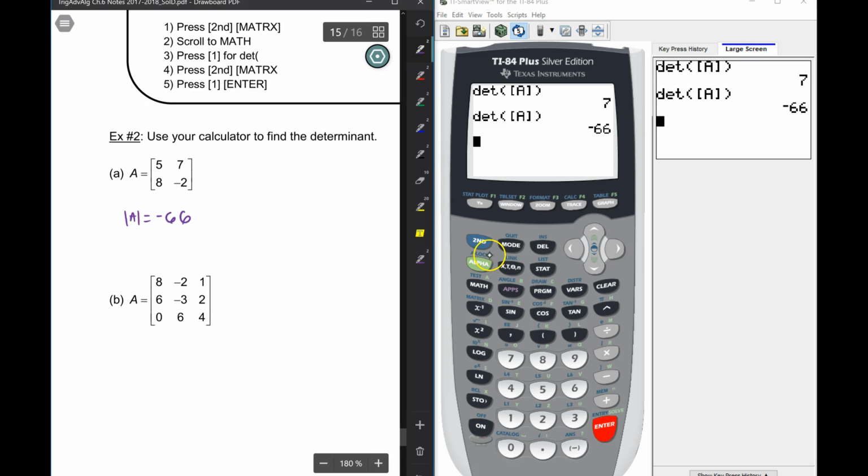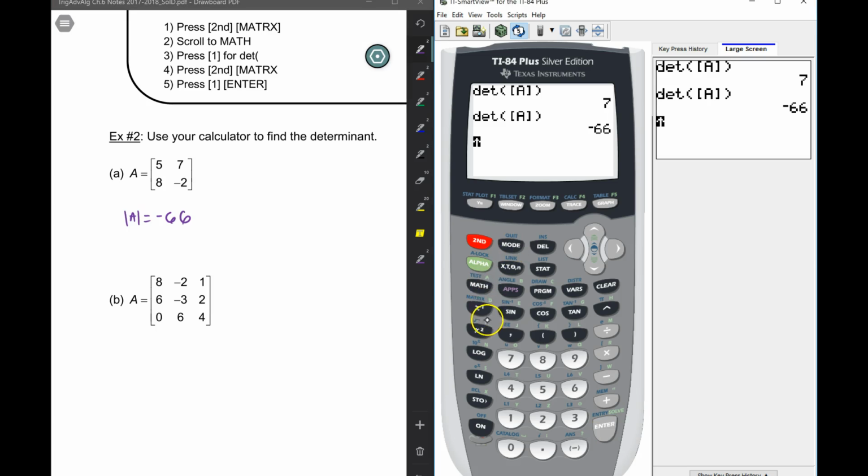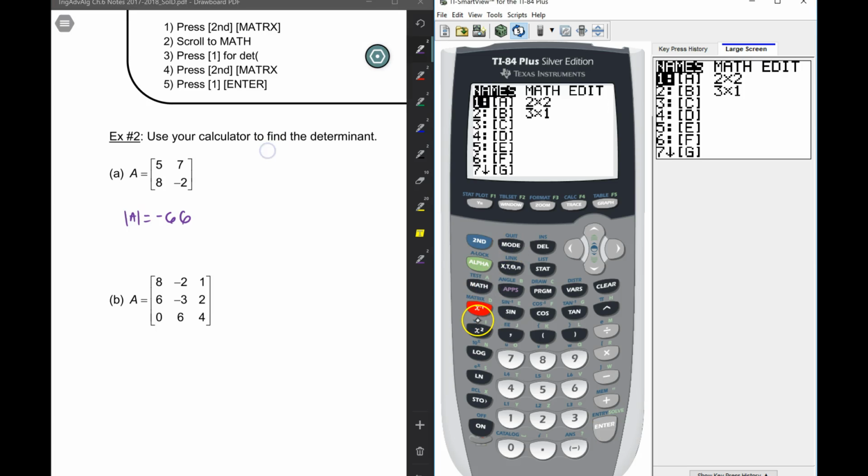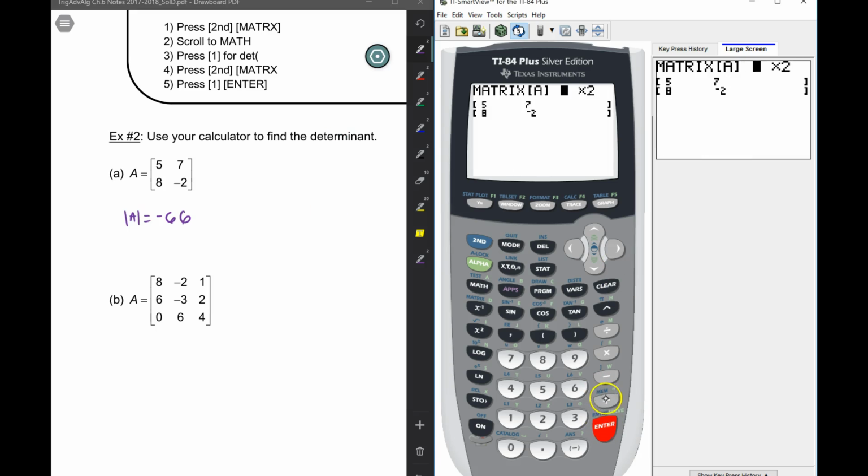Okay, so second matrix, we're going to edit that first one again. We're going to make it a 3 by 3. So 3, enter, 3, enter. And then we put in our values, right? So 8, negative 2. Please remember that you put in negative, not minus. 1. Oops.